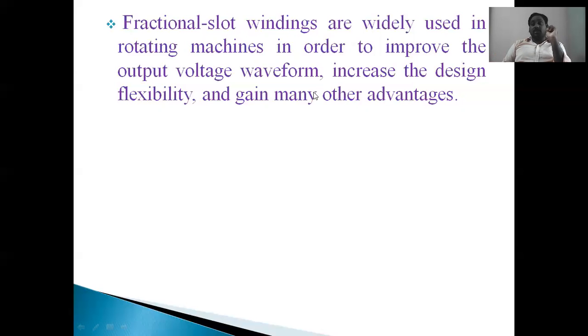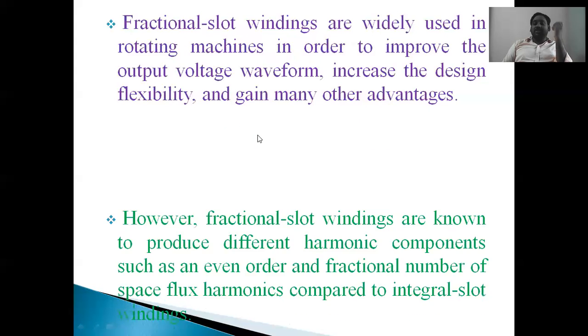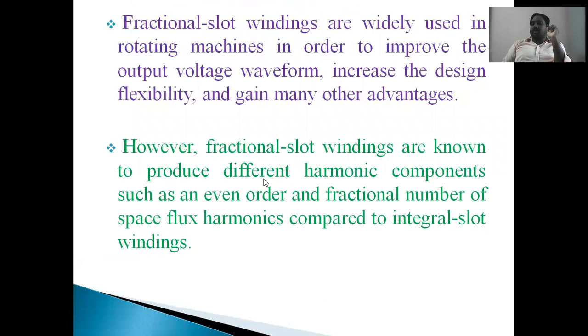But some disadvantages are also there with fractional slot windings. What are those? Harmonics are produced. Fractional slot windings produce different harmonic components. What are those harmonic components? Even order harmonics. We have different types of harmonics; we already discussed them in lower classes.